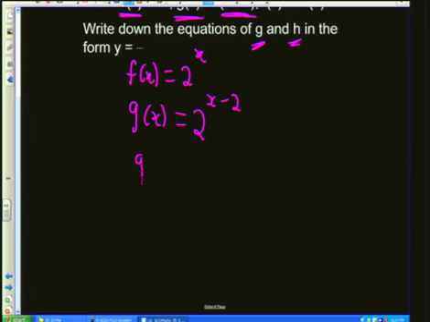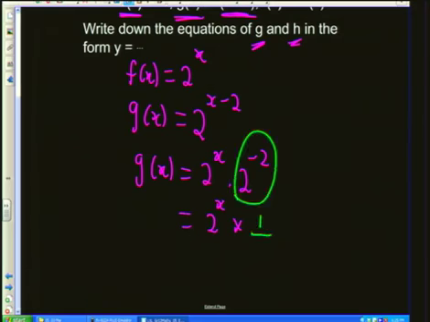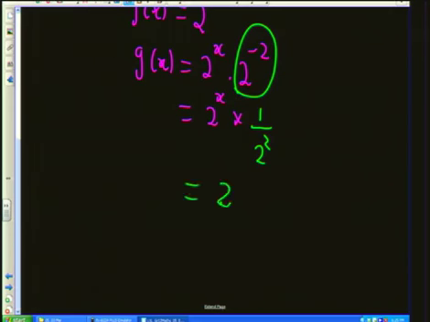With the laws of exponents, you remember that 2 to exponent x minus 2 is the same as 2 to exponent x times 2 to exponent minus 2. Now take this to positive exponents. This is the same as 1 divided by 2 to exponent 2, which is 2 to exponent x all divided by 4. So this is your g of x.